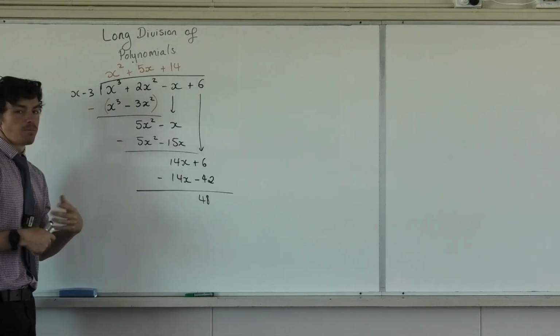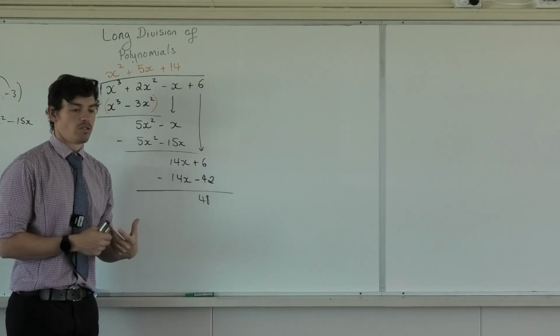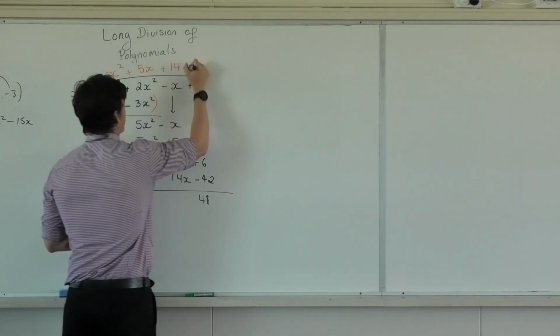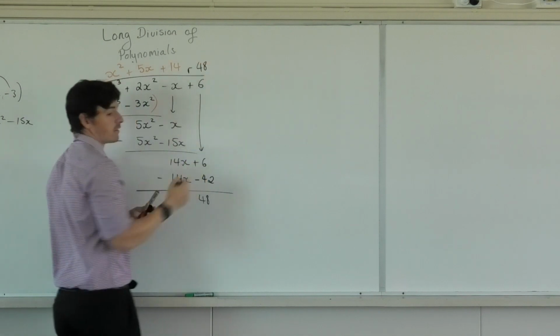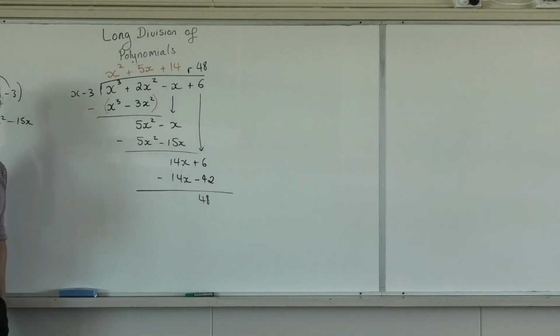So what do we do in primary school? Before we can do it with decimals, what do we do with remainders? So we can just put remainder 48. So, if I was to write that out, because we're doing this for a reason, remember yesterday how we were trying to find factors?